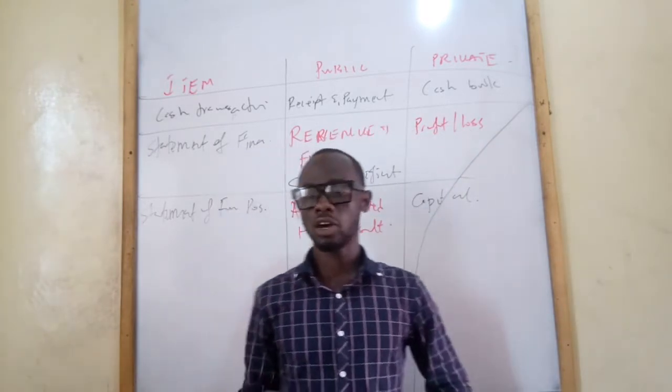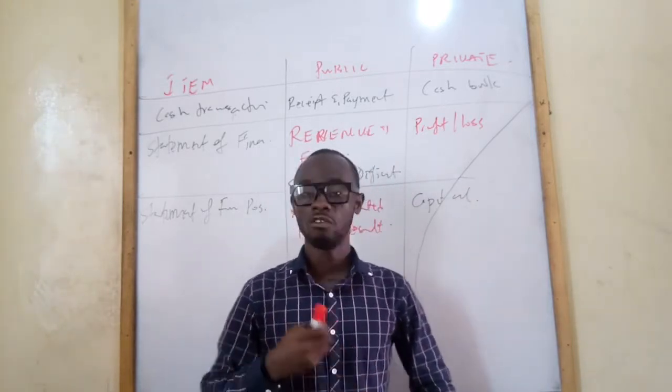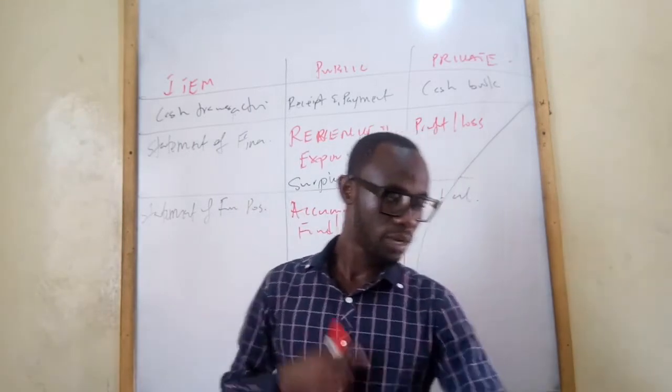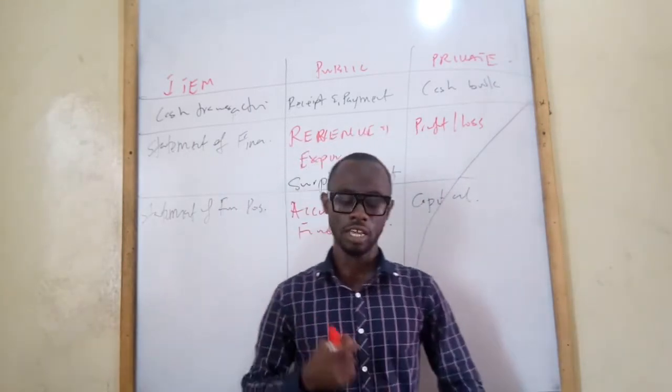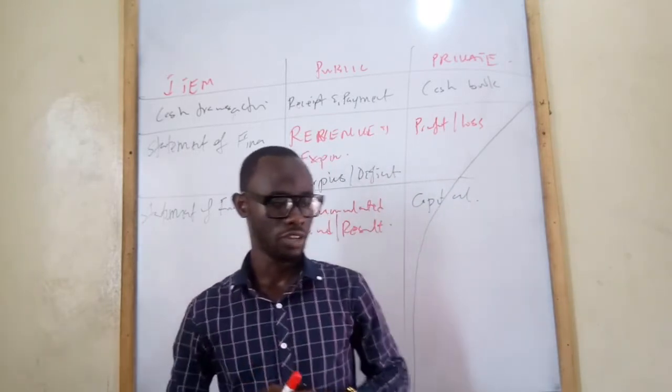Then we're going to have what we call the non-tax revenue. This will include property income, revenue received from the sale of goods and services, fines, penalties, and forfeitures, and then miscellaneous taxes. These are non-tax revenues.